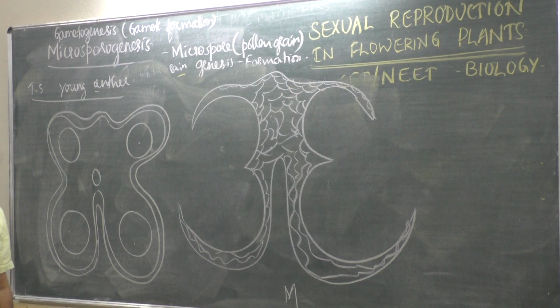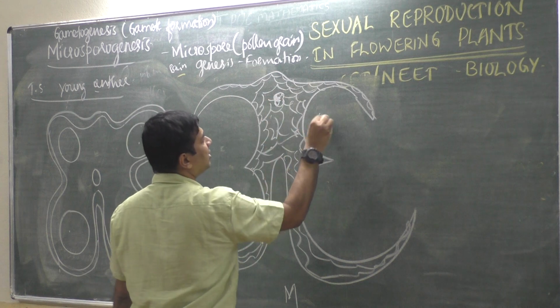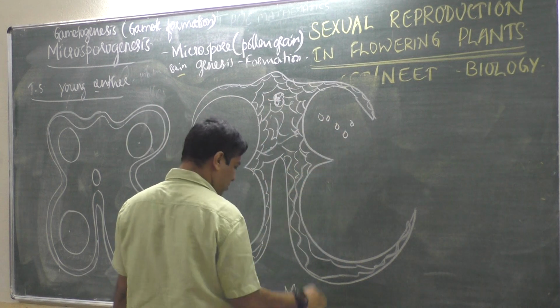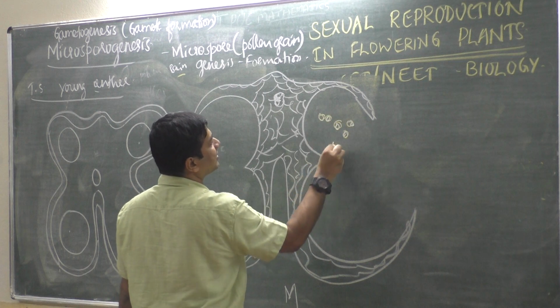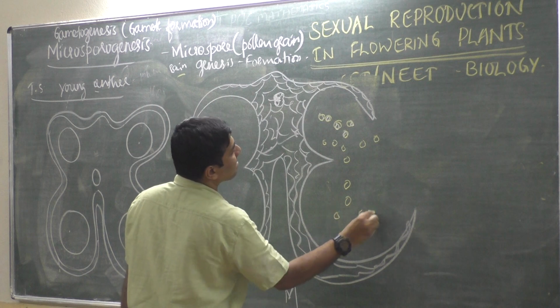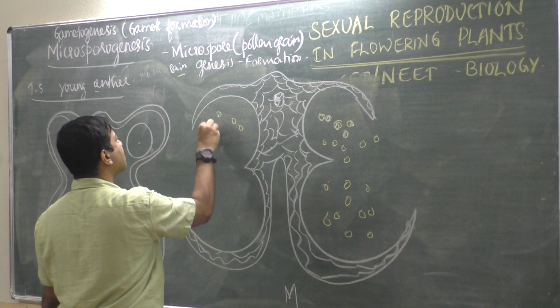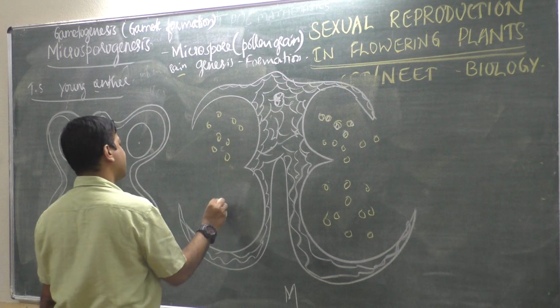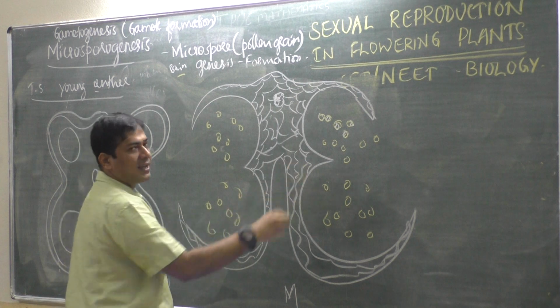Then inside there will be pollen grains. Should I show them in different colors? Okay, I'll show the pollen grains in yellow. See, this is the dehisced anther now.